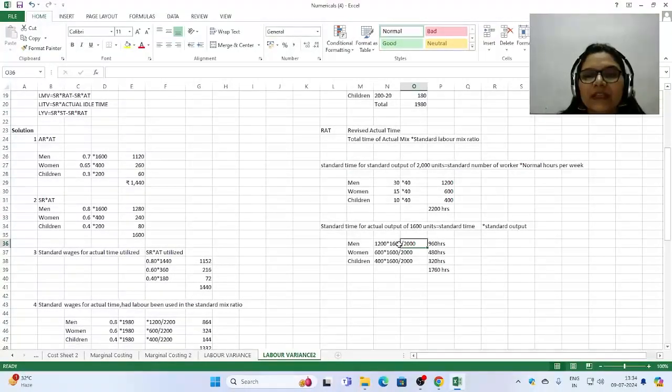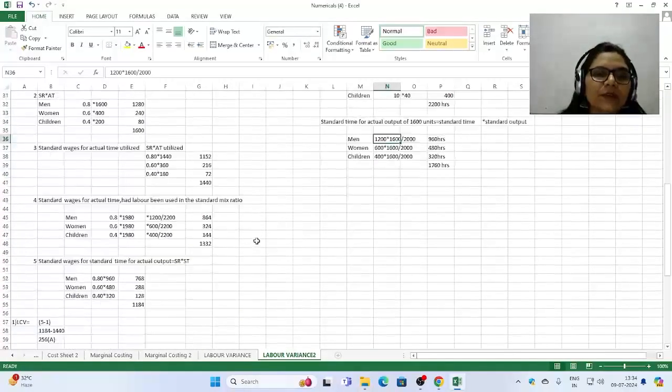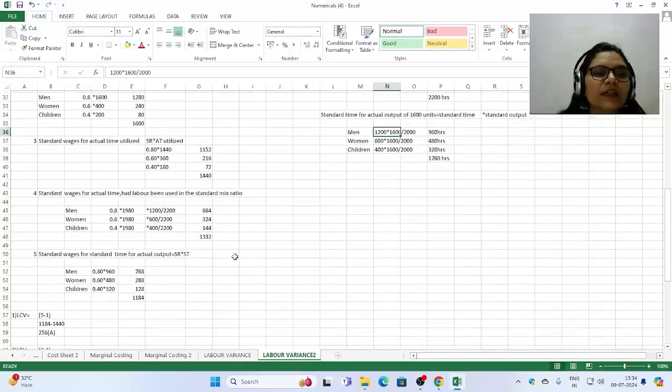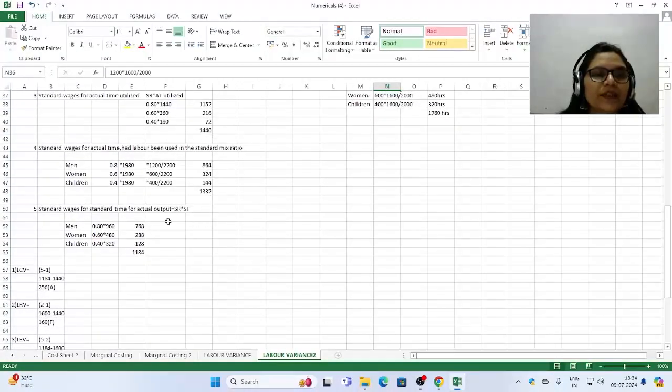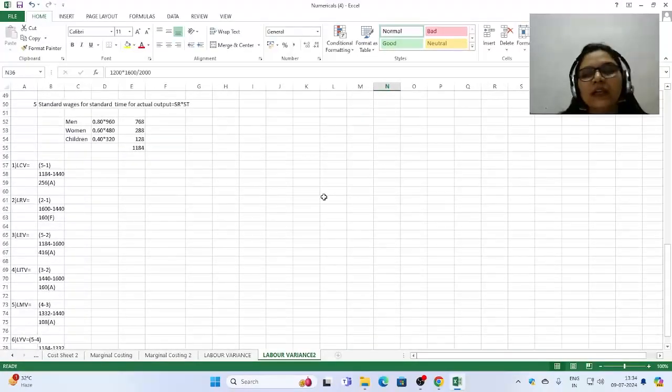Actual output, that means actual output divided by standard output into the standard time taken by the labor. So we will input all these values and we will get the values. Now SR into ST, we have multiplied it and taken the values.